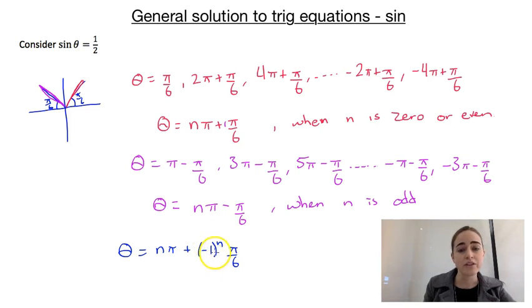The reason is that if n is 0 or even, then minus 1 to the power of an even number or 0 is just going to be positive, so we'd have n pi plus pi on 6. Whereas if that power is odd, it's going to give us a minus 1, so we'd have n pi minus pi on 6. So this is combining those two solutions.